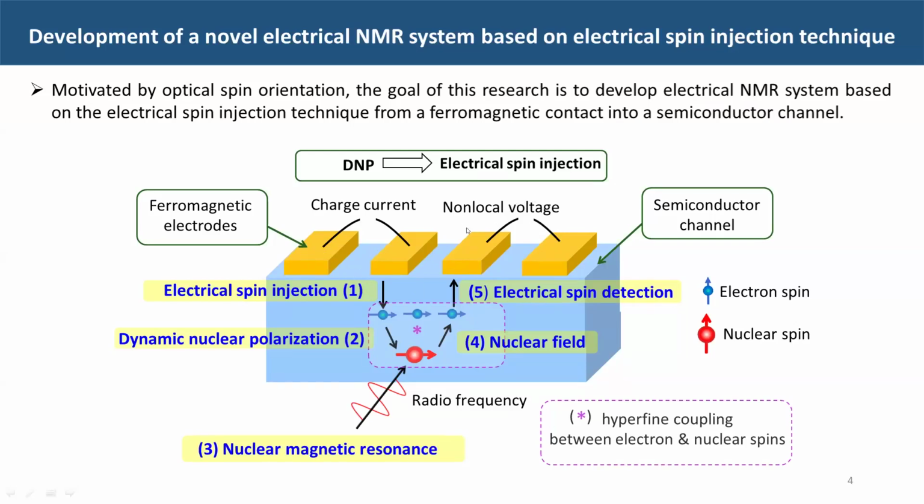Okay, this schematic I need to explain to you, what exactly happens using these ferromagnetic electrodes and spin filtering. For the charge current injected, a spin-polarized electron will be injected into the gallium arsenide, and this process is called electrical spin injection. With successful spin injection, the electron spin becomes spin polarized like this.